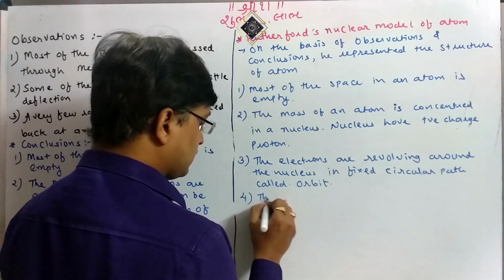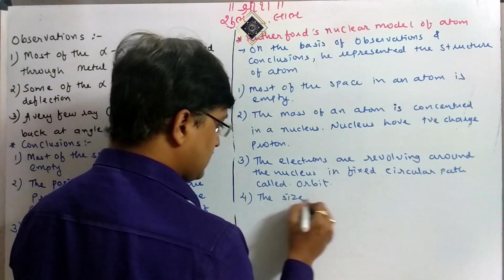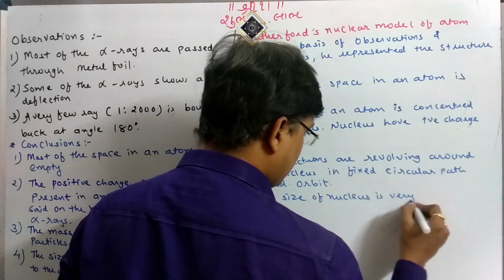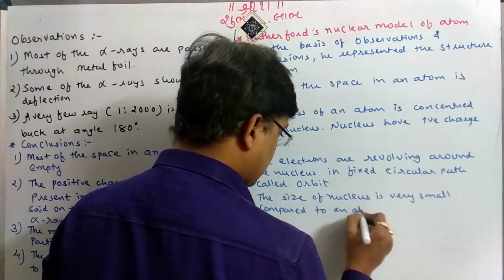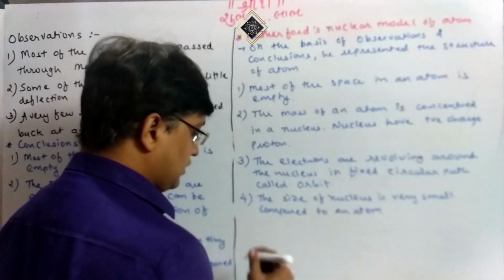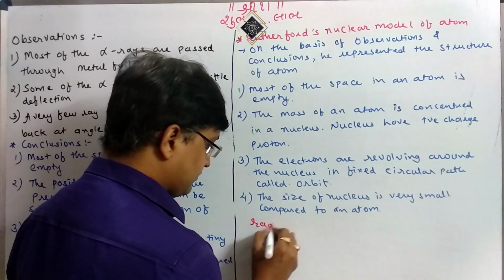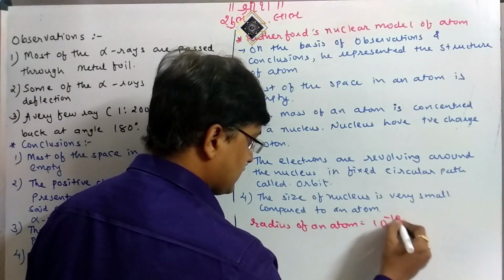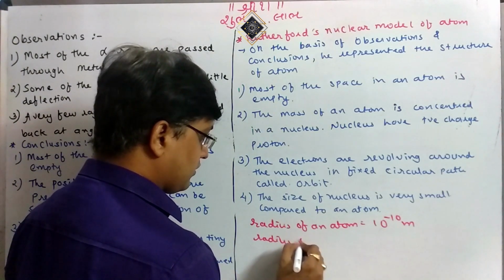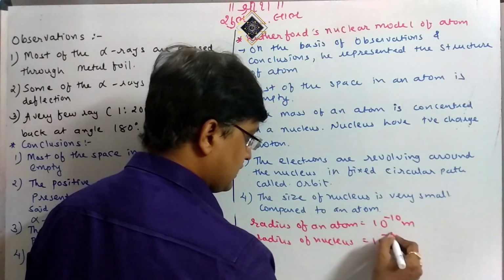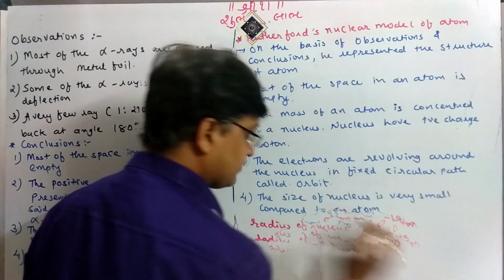Fourth, the size of the nucleus is very small compared to the atom. The radius of the atom is 10 raised to minus 10 meter and the radius of the nucleus is 10 raised to minus 15 meter.